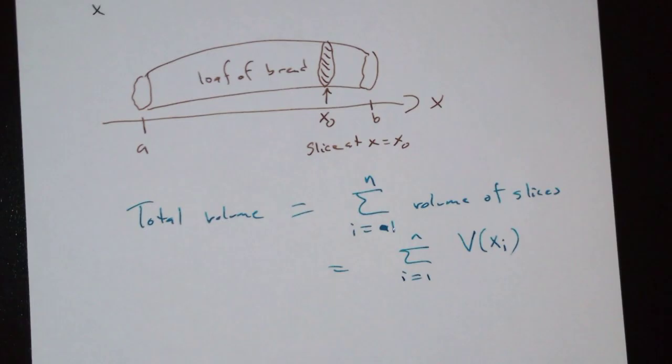But y'all just told me I should use more and more and more slices to get a more exact representation, right? What would be the ideal? How many slices should I use to make it perfect? I should let my number of slices go off to infinity.